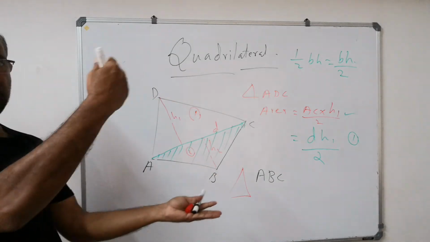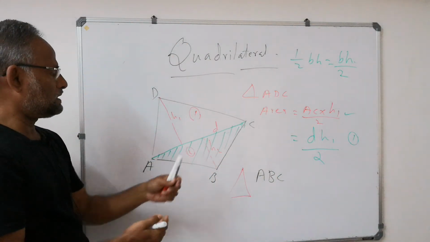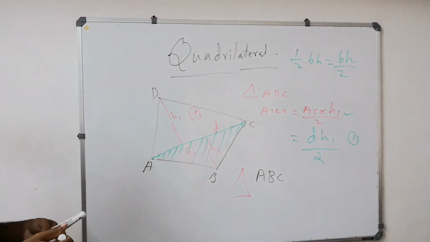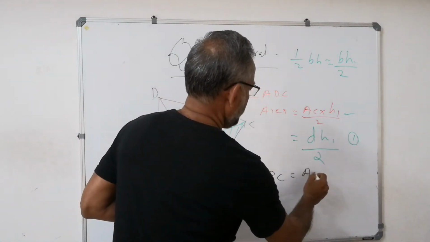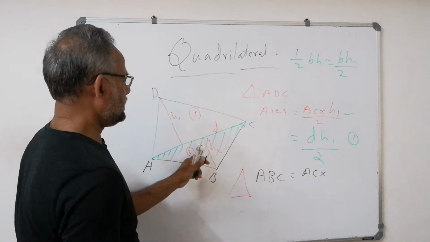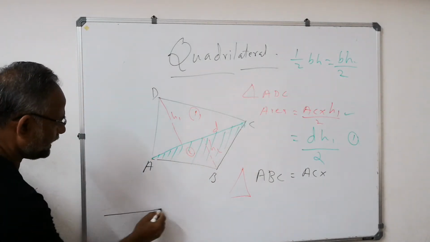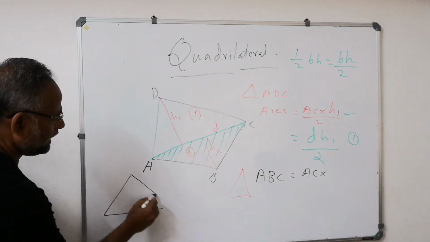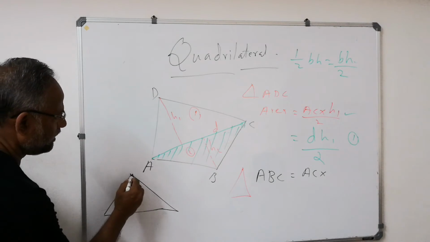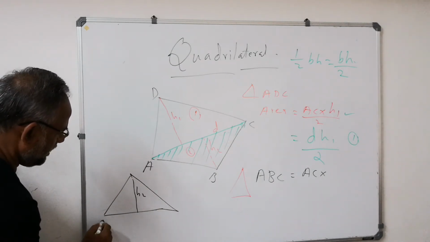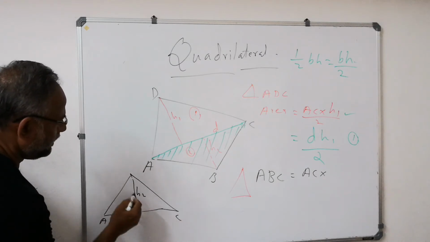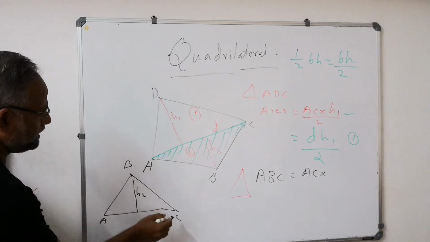Okay, I can keep it like that, base. The base is exactly AC. So AC into height h2, because I am taking the triangle like this. The triangle is like this now. This is the h2, and it is the base AC. It is ABC.